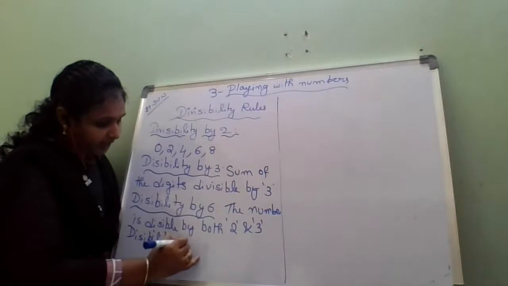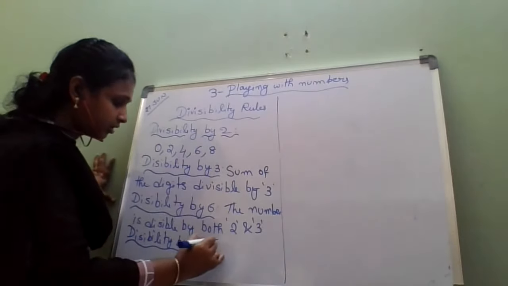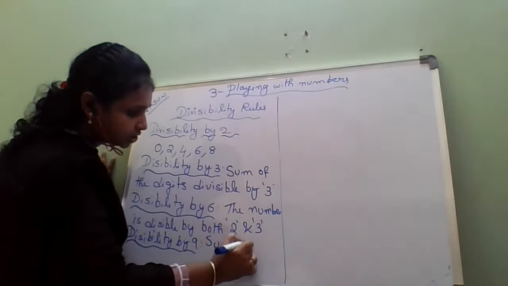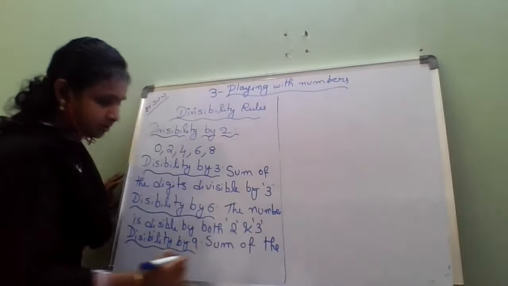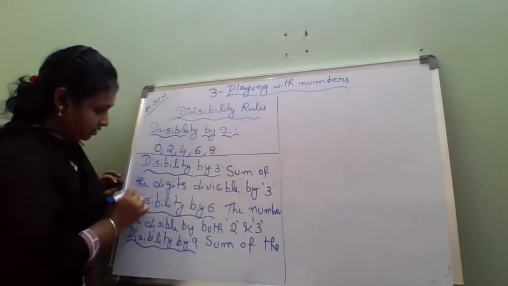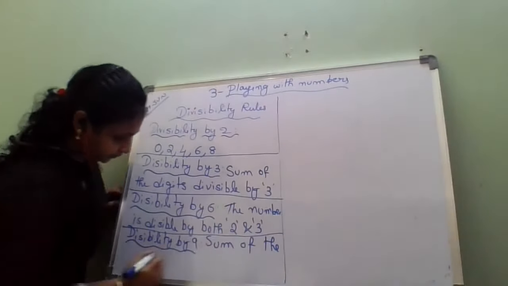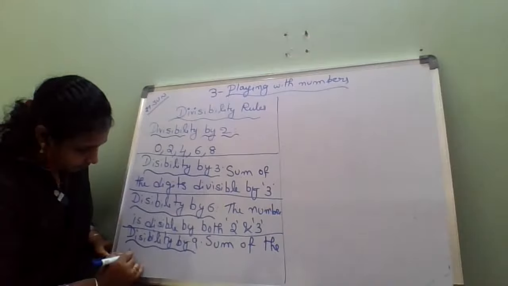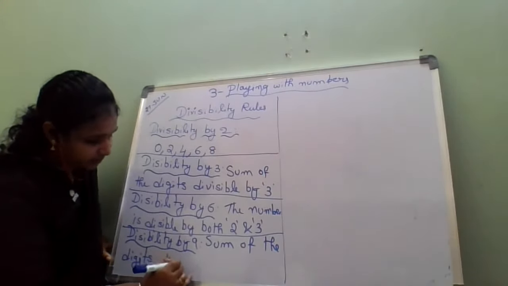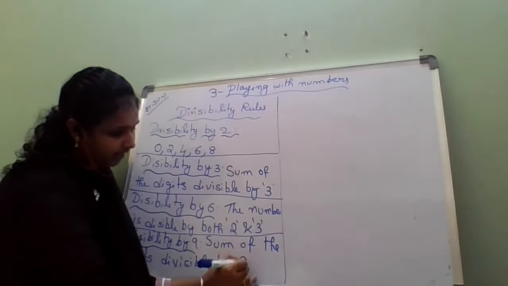Divisibility by 9. So what is the rule? The sum of the digits is divisible by 9.